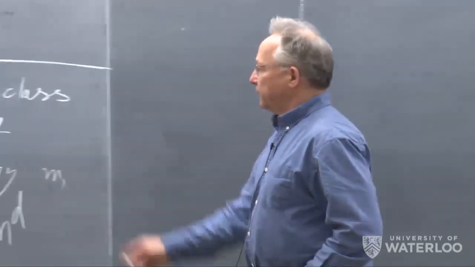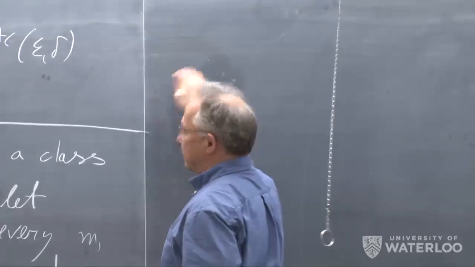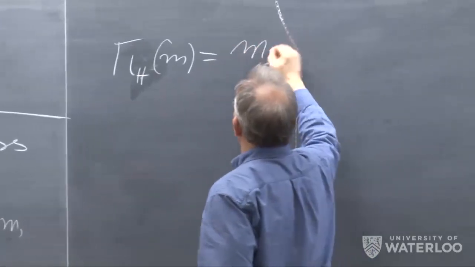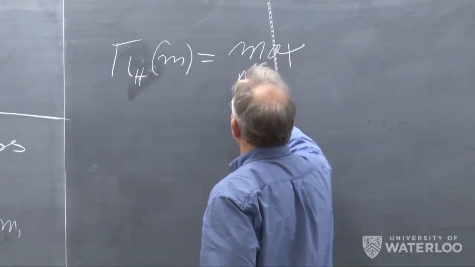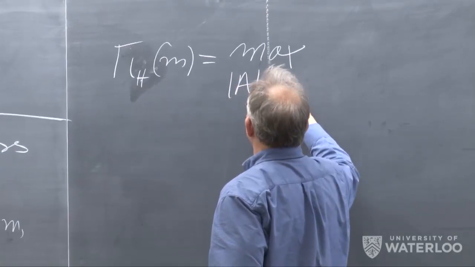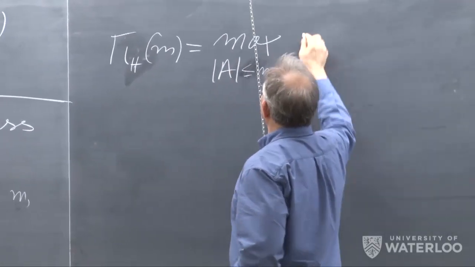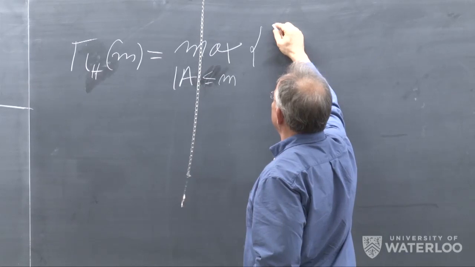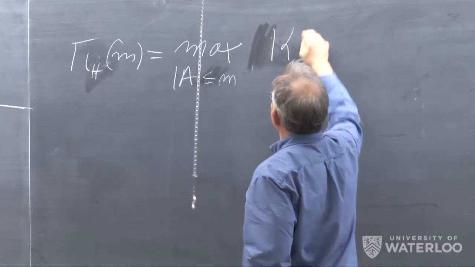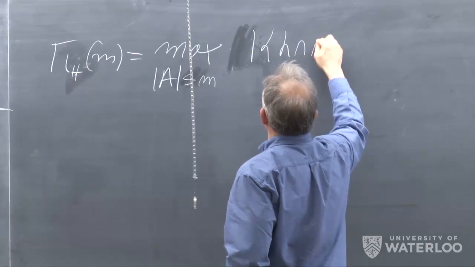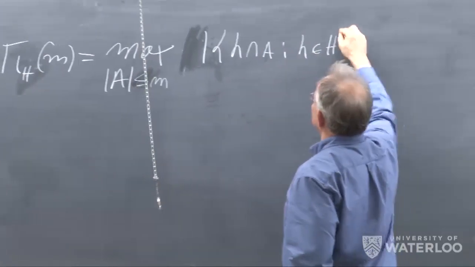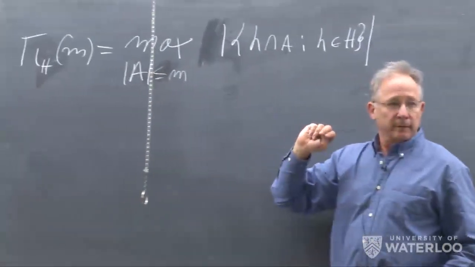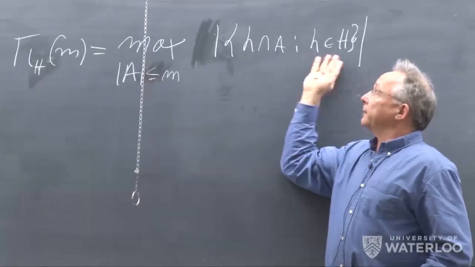Behaviors, let us recall what this is. We say pi H of m is the maximum over all A of size at most m of, now this is what I mean by the number of behaviors, the size of the set of all H intersection A such that H is in H. So I fix my set A to be a small set, and then I count how many subsets of it can H cut.